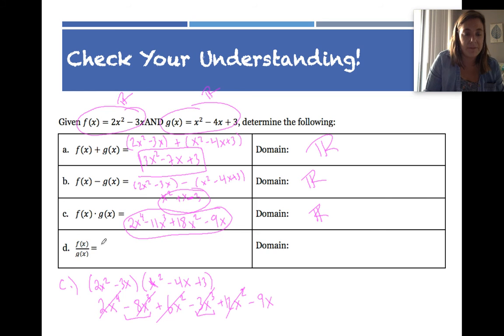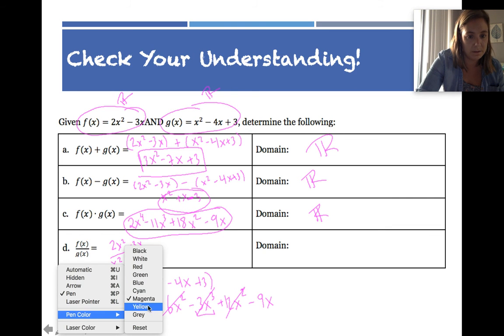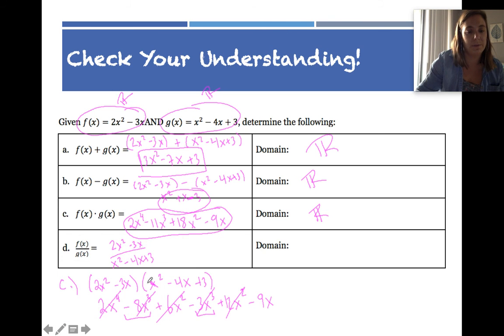Finally, f of x divided by g of x. So I've got 2x squared minus 3x divided by x squared minus 4x plus 3. And I'm going to go ahead and I need maybe a new color. Maybe a nice red. No, a nice blue. And let's think about this for a second.